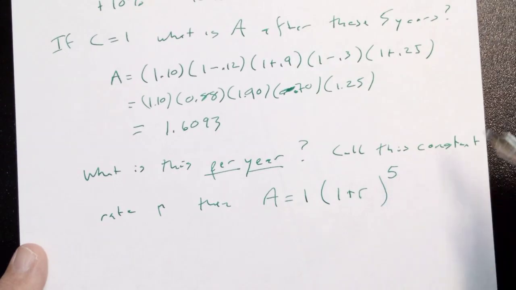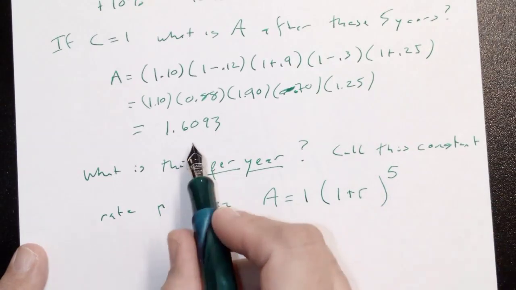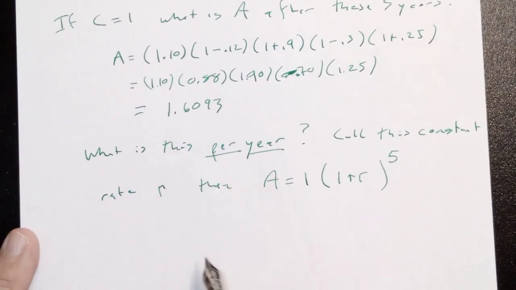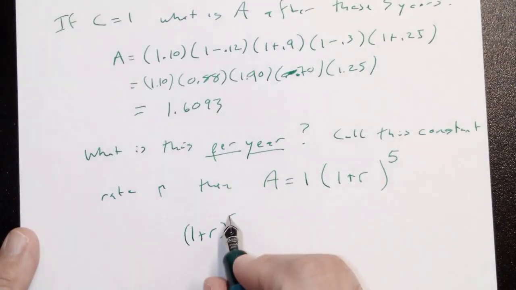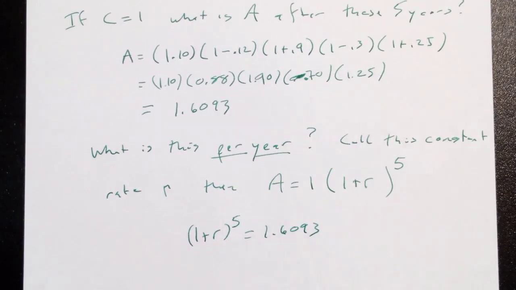Aha. So if that's my 5 year at a constant rate, this should be equal to this. So I don't want you to divide, I want you to take a root.